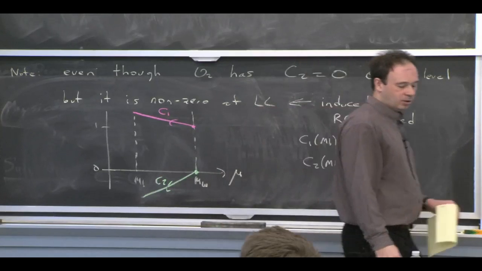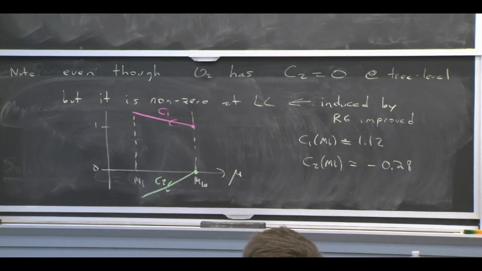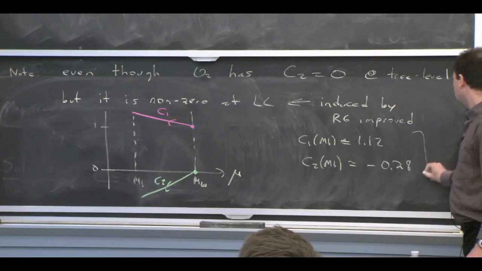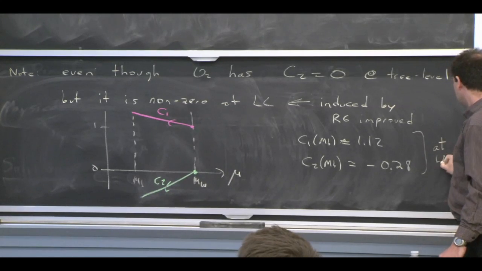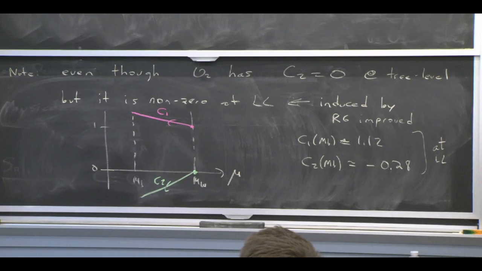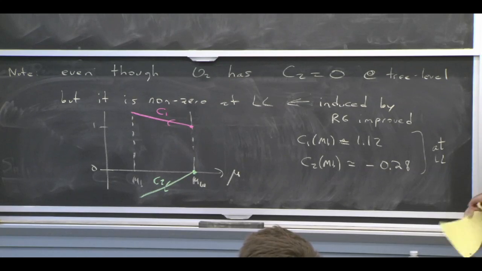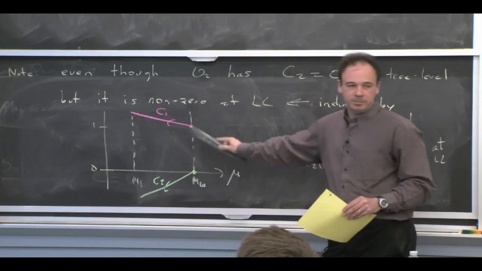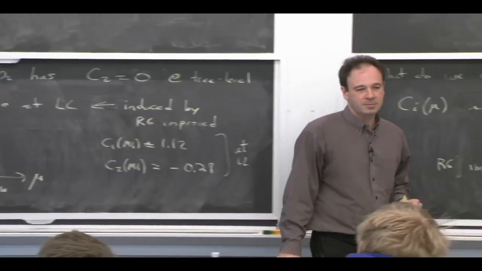It's this. So a coefficient which was 0 all of a sudden becomes minus 0.3 and becomes something that you have to keep track of. That's at leading log. Obviously, when you go to higher orders, those numbers will be perturbatively improved. OK? So is the physical picture here clear of what's happening with these operators?